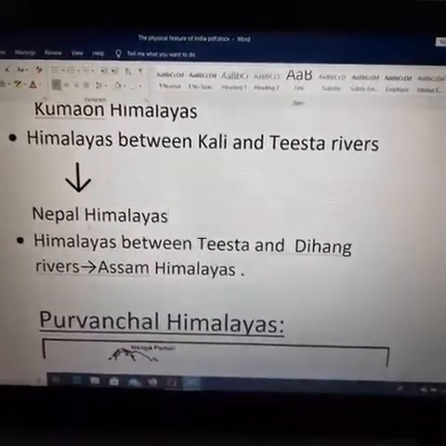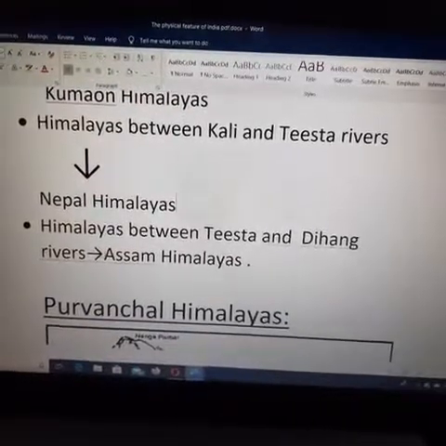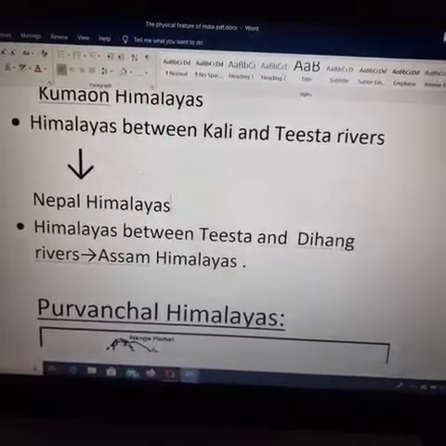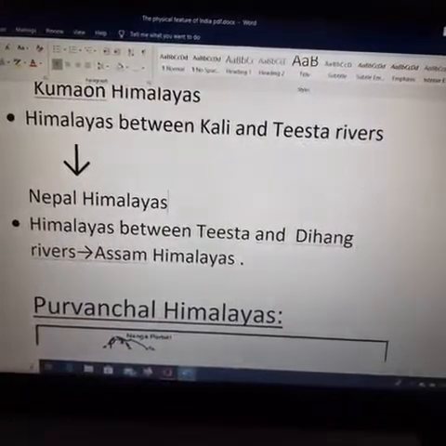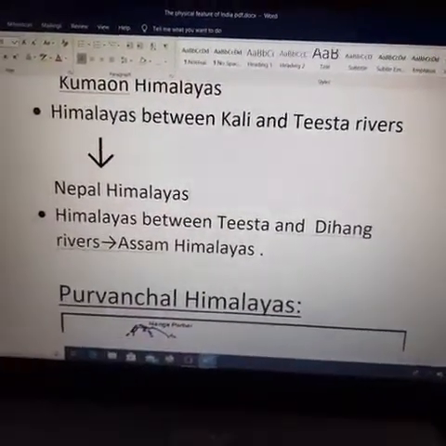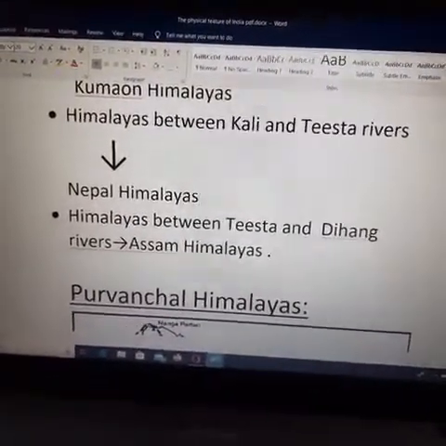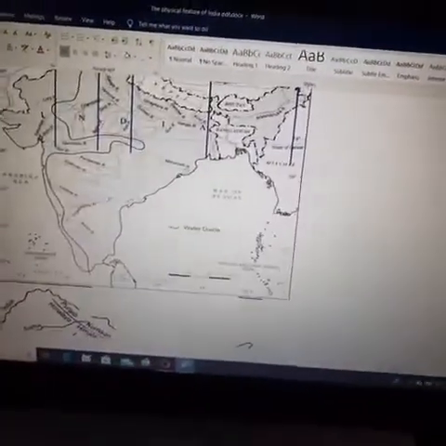This will be called the Nepal Himalayas. And then the Assam Himalayas, in which the rivers moving are the Tista and the Dihang rivers. Those places where the Himalayas are there and the rivers are moving will be called the Tista and Dihang Himalayas. Okay children, this patch.